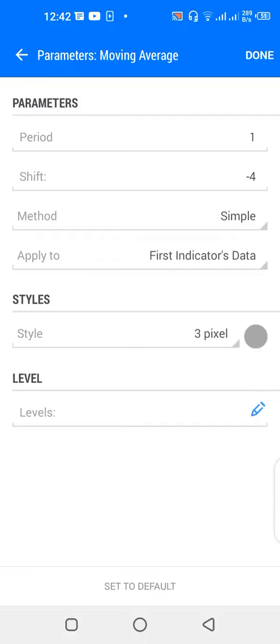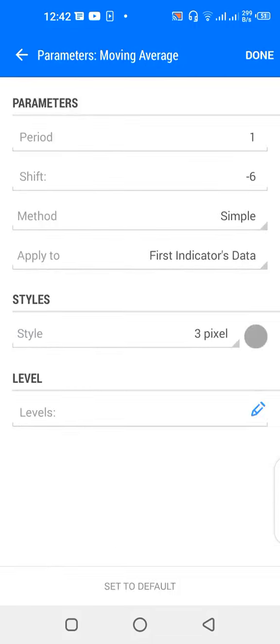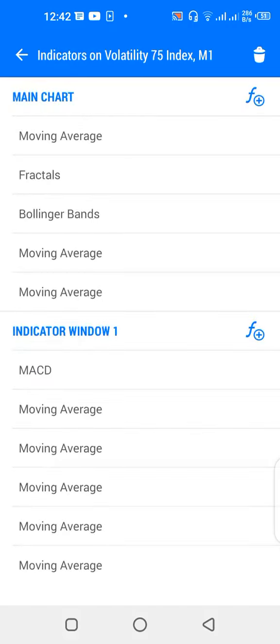Another moving average, we have period 1, shift is -4, method is simple, apply to first indicator's data, color is gray. The third moving average, we have period 1, shift is -6, I beg your pardon. Method is simple, apply to first indicator's data, color is also gray.